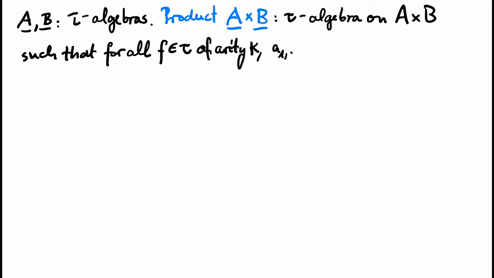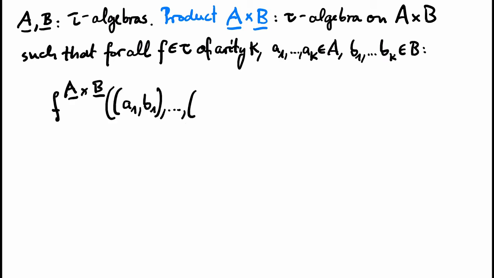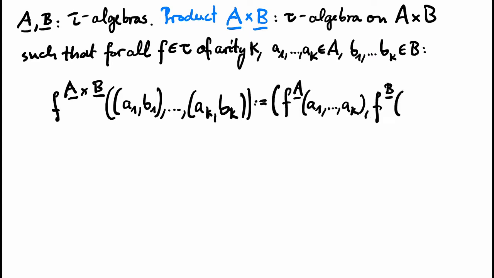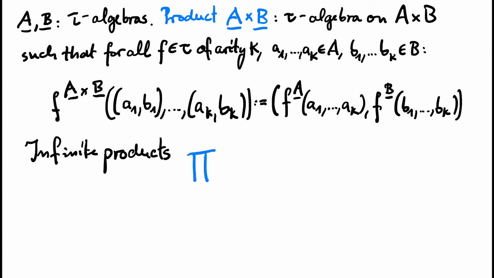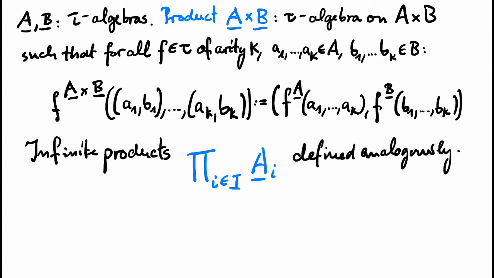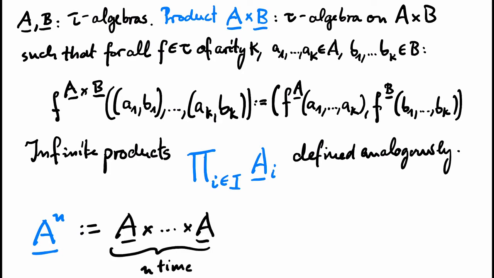That is, if we apply an operation of the product algebra A times B to a set of pairs, we apply the corresponding operation of A to the first entries of the pairs and the corresponding operation of B to the second entries of the pairs. And the resulting pair is the function value of the operation. Infinite products are defined similarly. A power of an algebra A is a product of A with itself.